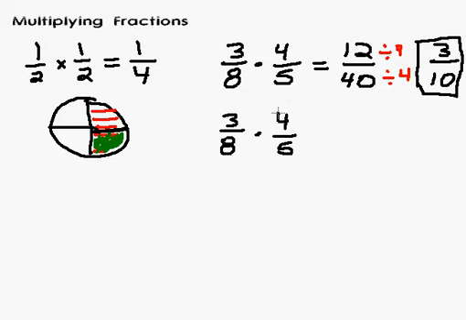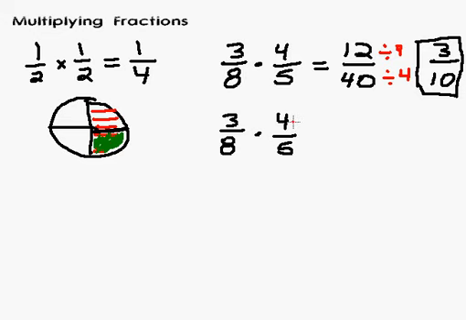So let's say I've got, this kind of looks like a 6 here, but it's a 5. 4 and 8. It's got to be one number from the numerator and one number from the denominator. So 4 and 8. 4 goes into both 4 and 8. So before I multiply them together, I can divide both of these by 4.